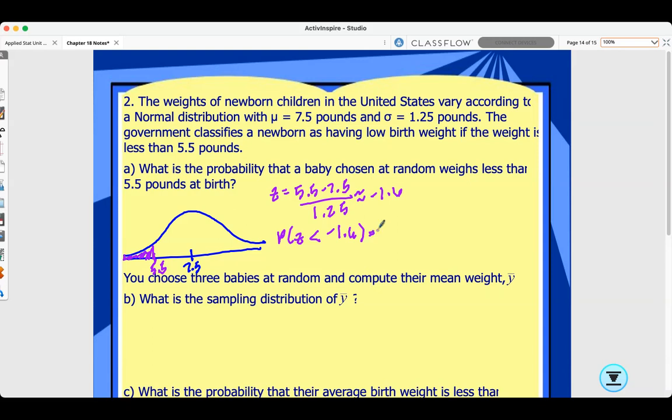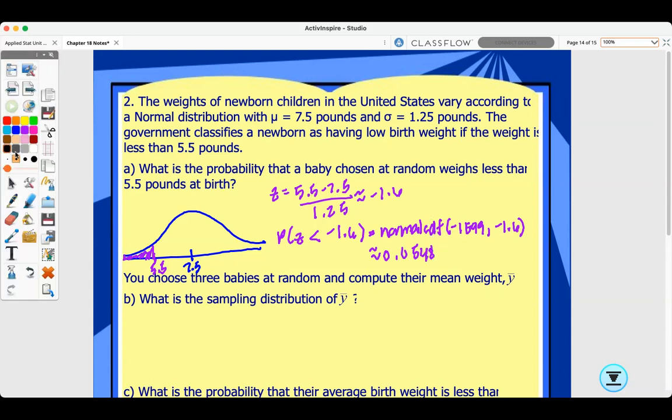If you put it in your calculator, negative 1e99 to negative 1.6, which would be about 0.0548. So there's about a 5.5% chance of a newborn being of low birth weight.